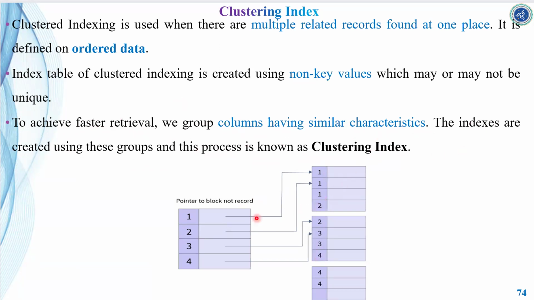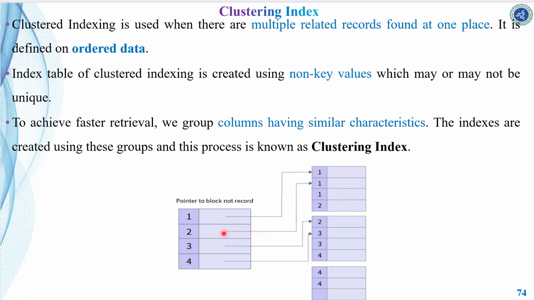As we can see in this diagram, this is our index file record, and this is the data file. Here is the field, and this is the pointer field, and this is the block. The pointer is pointing to the record.